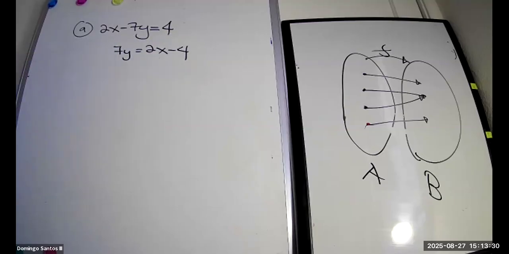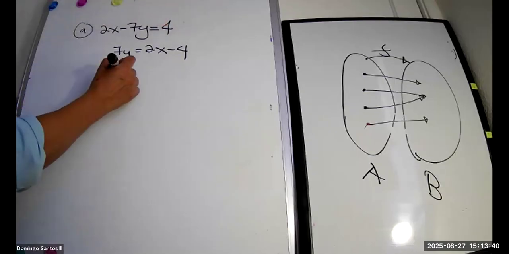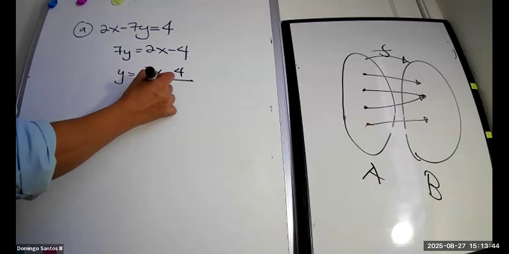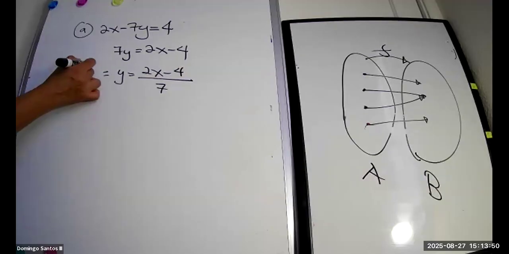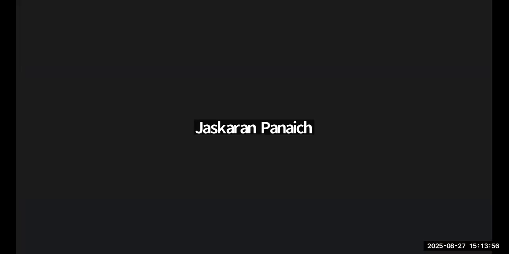Do you agree, Hassan, that you could write it this way? Yes, because we could transpose it. And then y equals (2x minus 4) over 7. Now think of this as f of x, as y is a function of x.